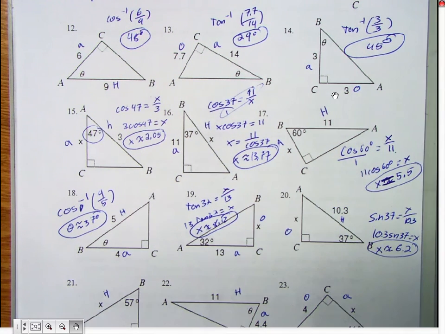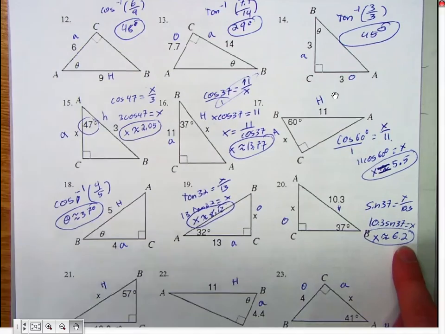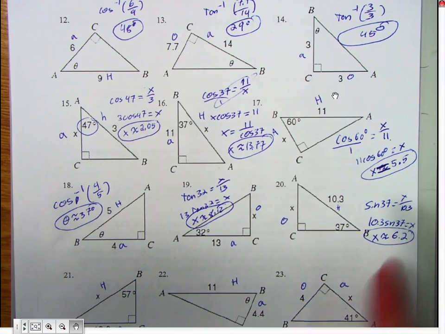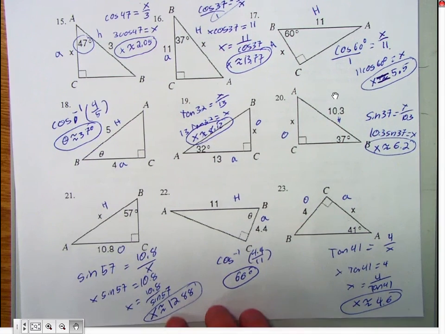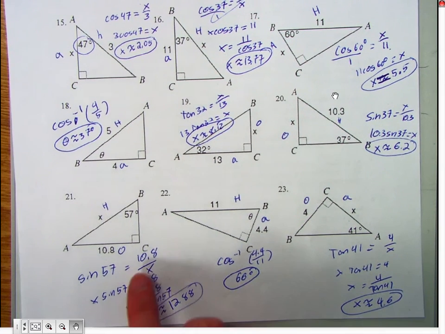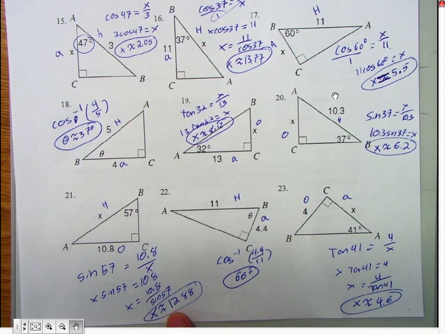Number 19, we used tangent and got the side length x is 8.12. Number 20, we used sine and got that the side length was 6.2. Number 21, we used sine and got the hypotenuse. This is one of those ones where you have to divide. We got 12.88.